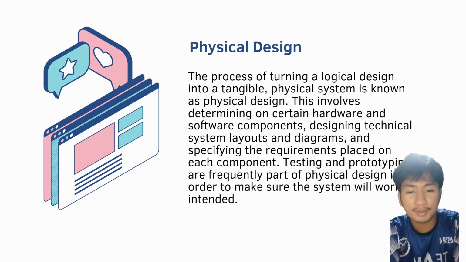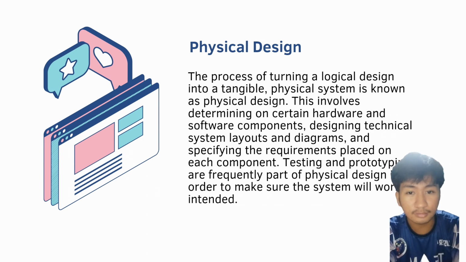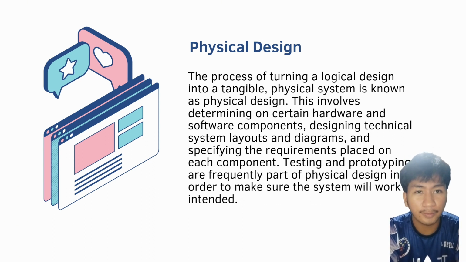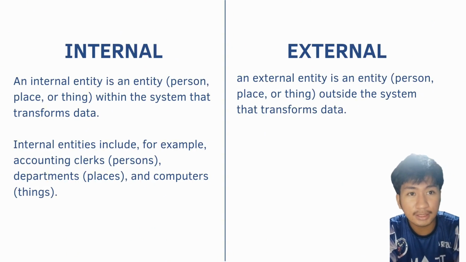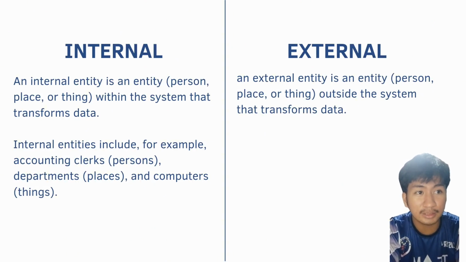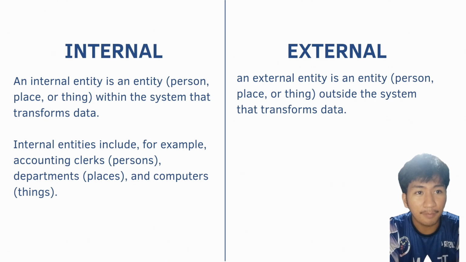There are two types of entities for this physical design. First is the internal entity. An internal entity is an entity within the system that transforms data, for example, the accounting clerks, departments, and computer things.